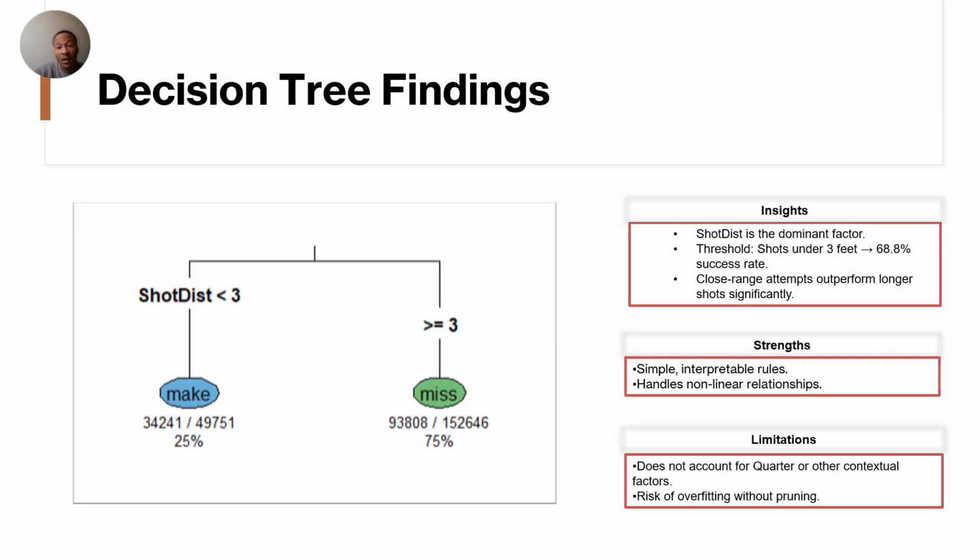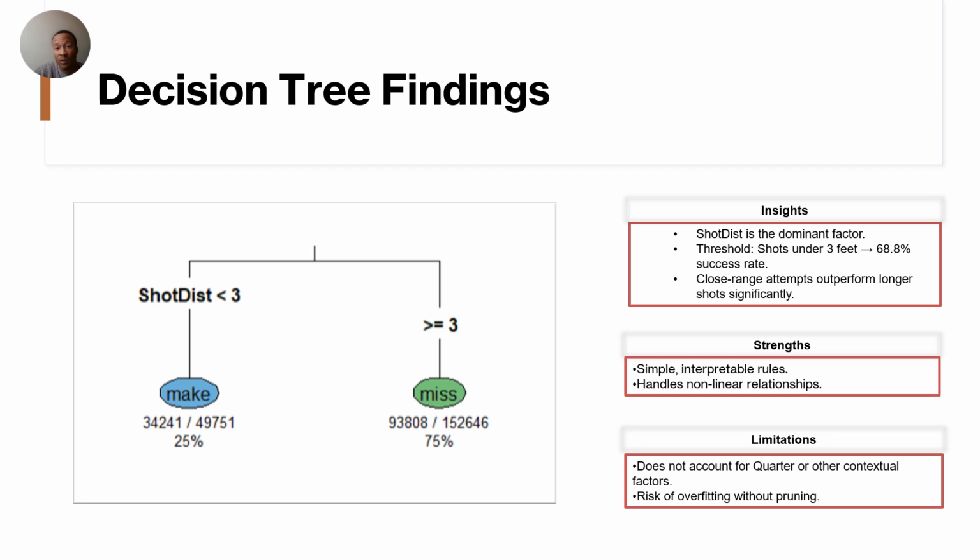So, the decision tree model helps us identify key decision rules for predicting shot outcomes, and provides a simple and interpretable approach to analyzing our data. As shown in the tree, shot distance is the dominant factor influencing outcomes. So the model splits at a threshold of 3 feet.